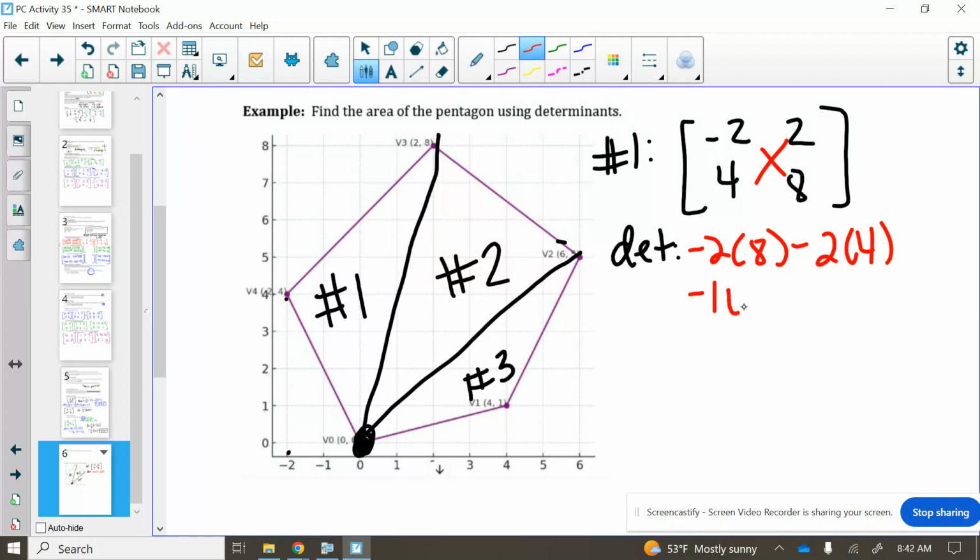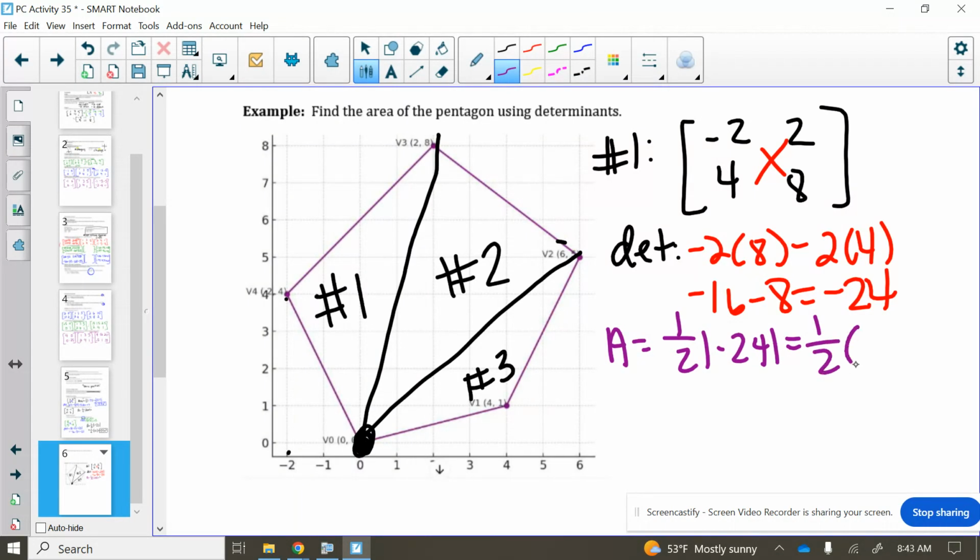We end up with -16 minus 8. So -24 would be the value of the determinant. Now to find that area, we're going to take 1/2 the absolute value. So in this case, half of 24 would give us 12.